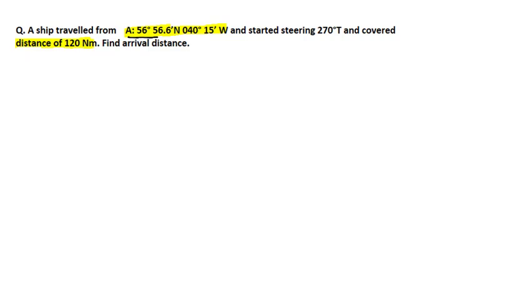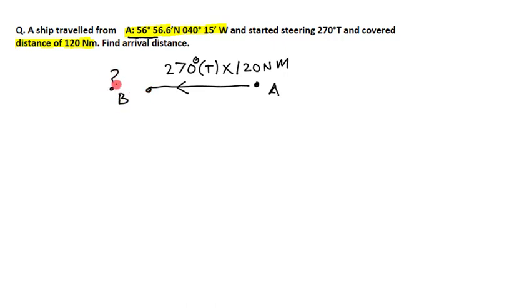Let's find the arrival position. Suppose this is the position A and the vessel moves in this direction, which is 270 degree true, and the distance moved is 120 nautical mile. We need to find this arrival position.